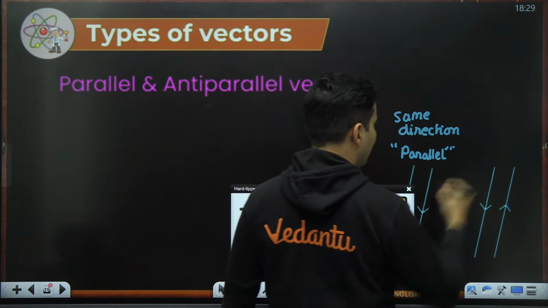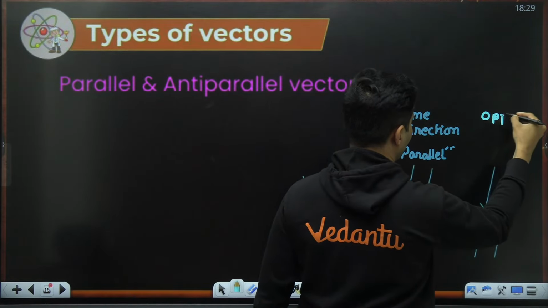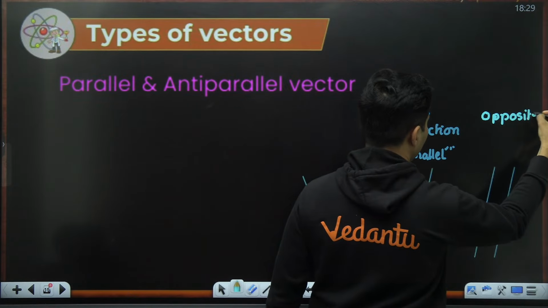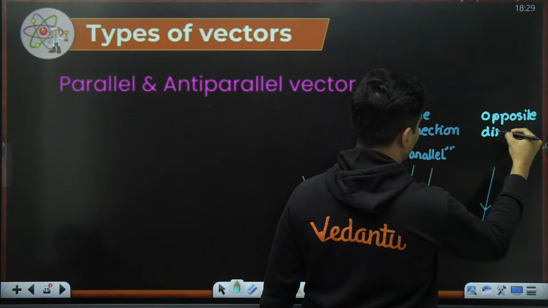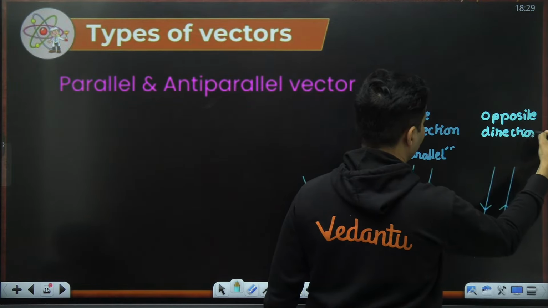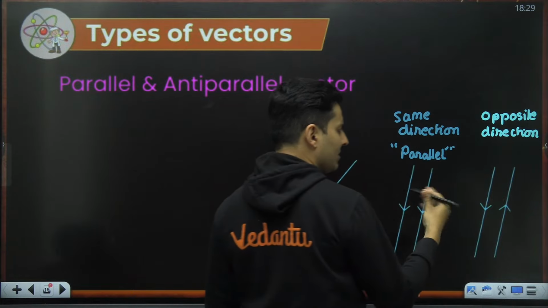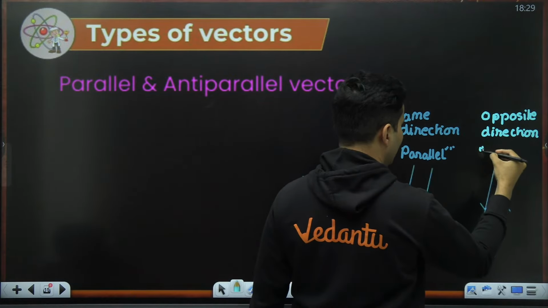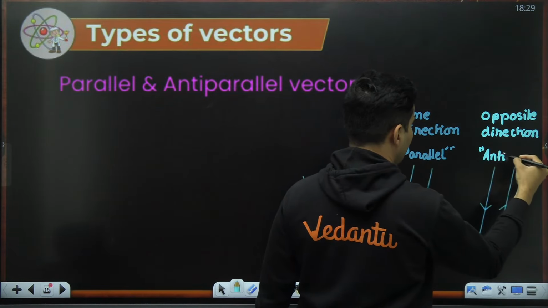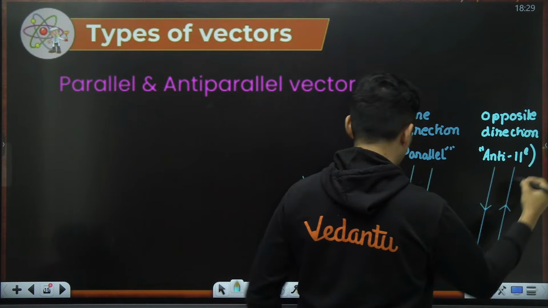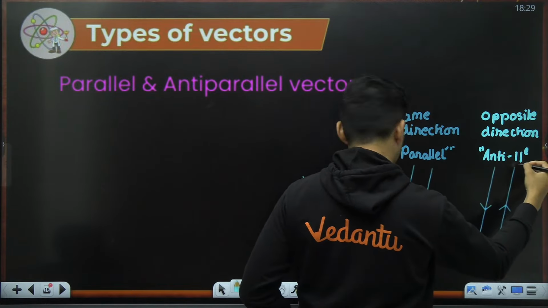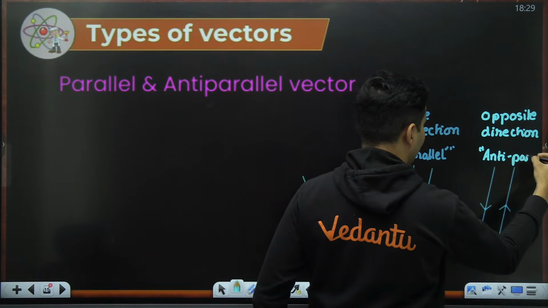But when they are exactly opposite in direction, two vectors, magnitude can be different, guys, or same, doesn't matter, then they are said to be anti-parallel.